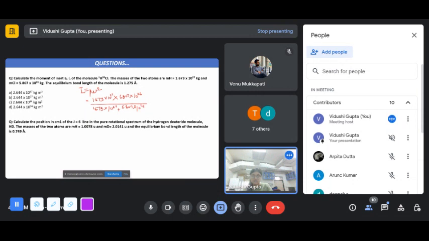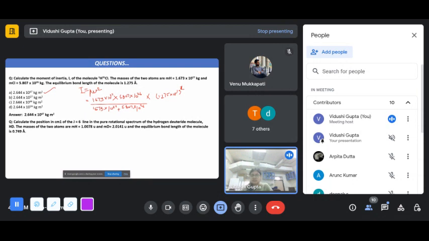It's 1.275 into 10 minus 10 as it is in Angstrom. So after solving it, the value will be 2.644 into 10 raised to power minus 47. Option A.